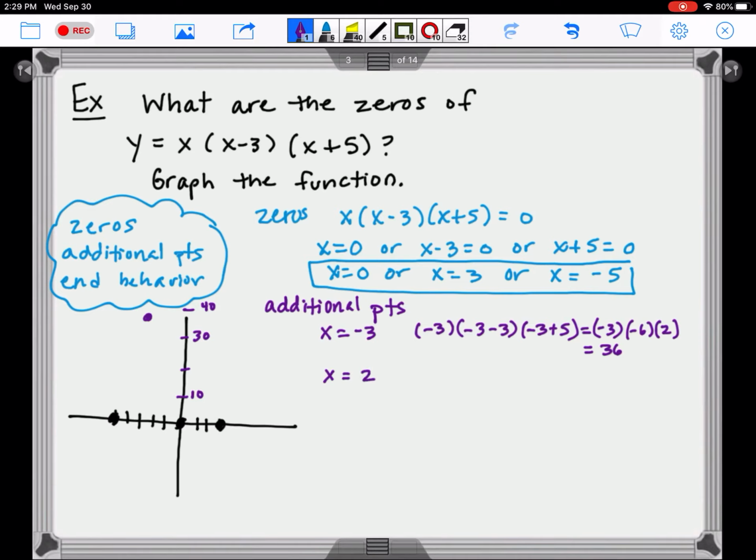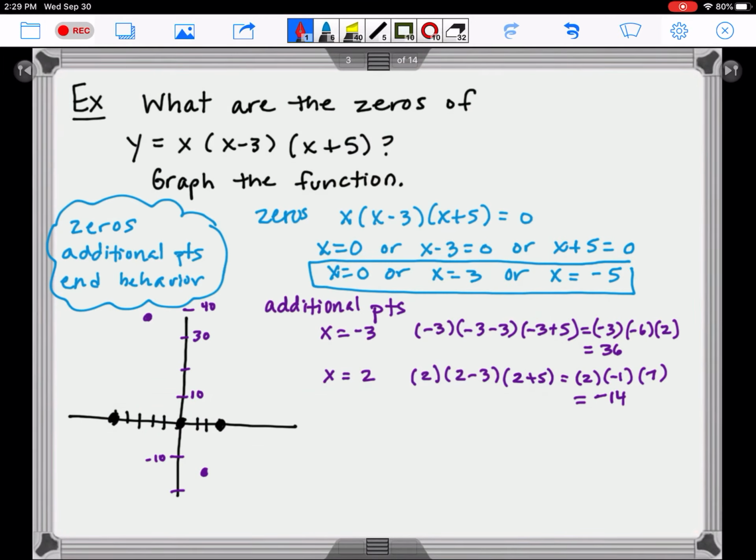If I plug in 2, that means I'd have 2, 2 minus 3, 2 plus 5. So that is 2 times negative 1 times 7. Well, let's see. That is negative 14. Still, I'm going to go by tens here, so that would be a negative 10. So I have 2, negative 14. Okay.